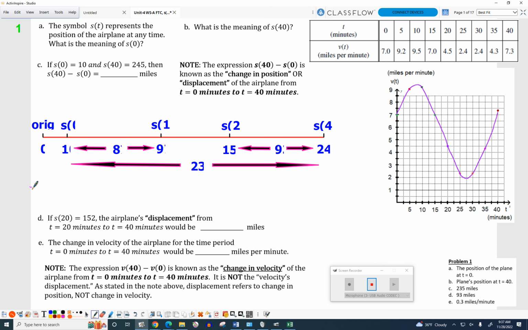Okay, next one says that the position of the plane at time 0 happens to be location 10. So this picture on the board here is a little bit fouled up. At time 0, the position of the plane is 10. And then they tell you that at time 40, the position of the plane is 245.